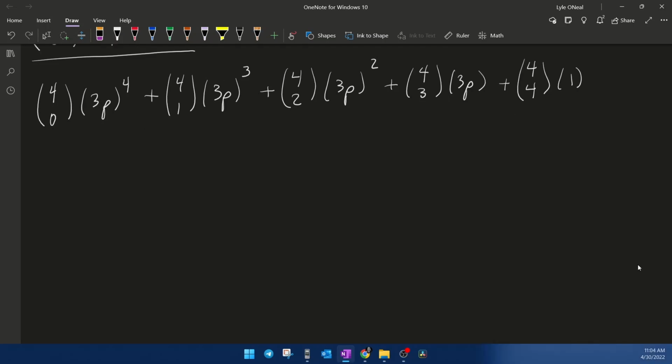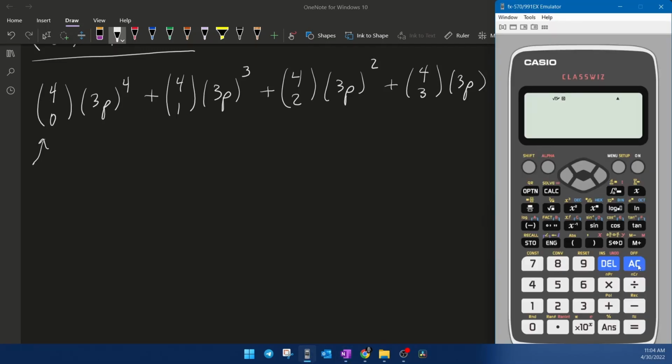All right, so now to simplify these terms, the first thing we need to calculate is 4 choose 0. With the class whiz, this is super easy. We're going to input 4, hit shift and divide. This is 4 choose 0. If you remember from my previous video, I showed you how to calculate nCr. This is how the class whiz does it.